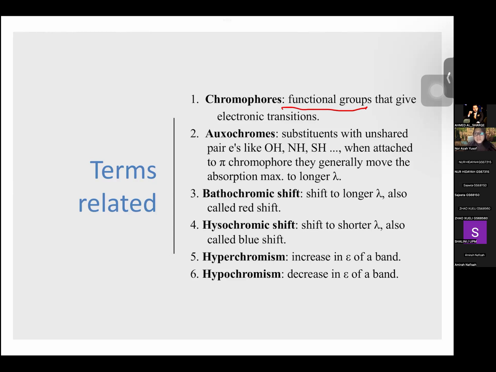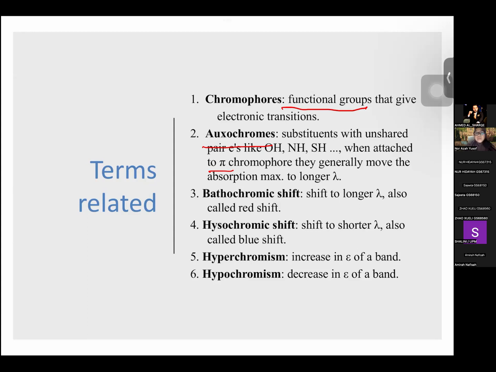Then that electron absorbs the light, absorbs the energy, and as Ahmed mentioned, it will be excited to higher states and so on, right? This is also chromes. I hope you remember what is pi, especially when you have double bond. Chromophore, some of the character is you have double bond.